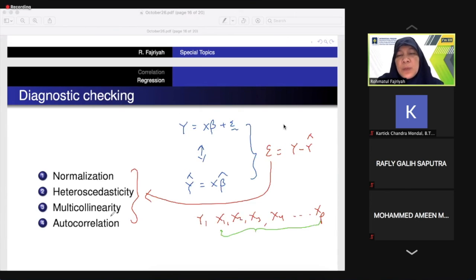Otherwise your model may not be good enough to predict something. Because if there is autocorrelation, the previous observation may directly affect the current observation. Or, for example, the first year may affect the third year, or directly the first year may affect the second year. So that's why we have to be careful with this kind of correlation.